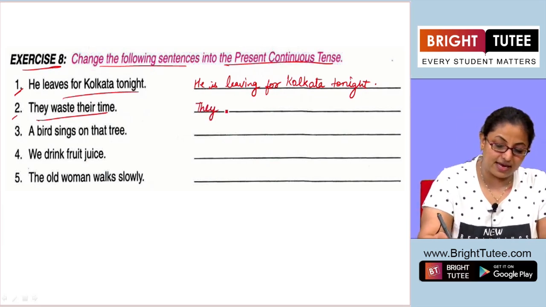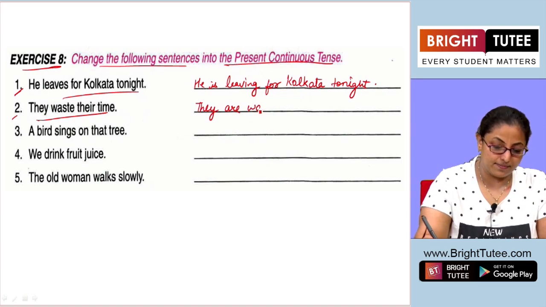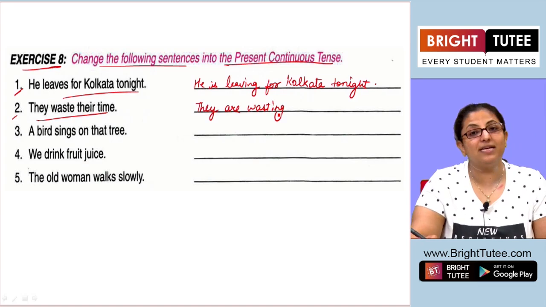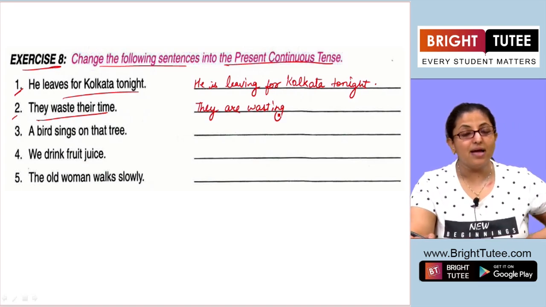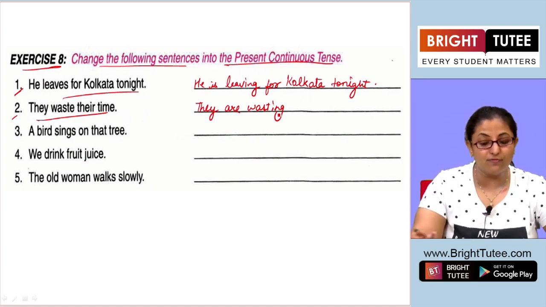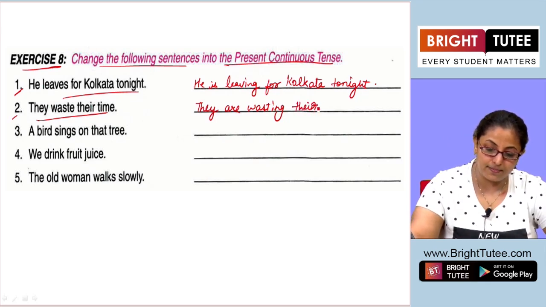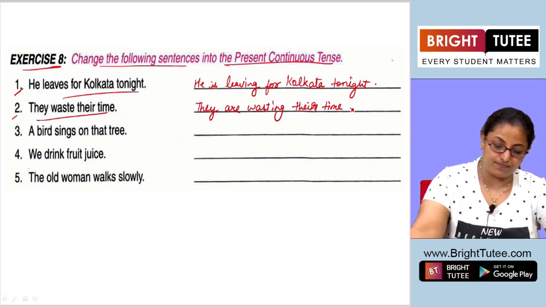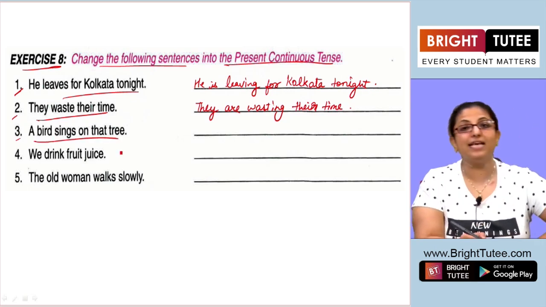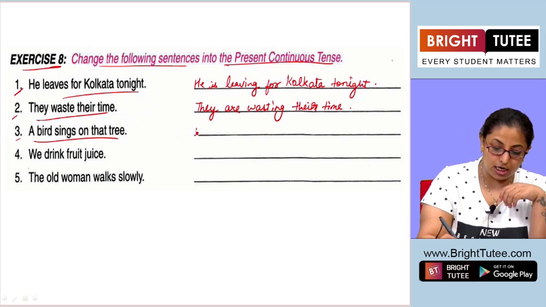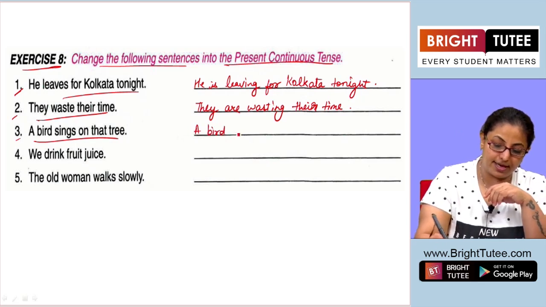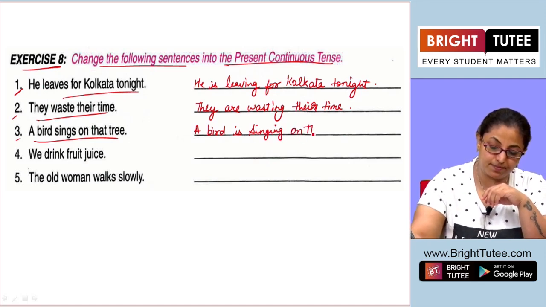They are wasting their time. The action is happening in the present time, as is in continuous form. So they are wasting their time. A bird sings on that tree. A bird is singing on that tree.